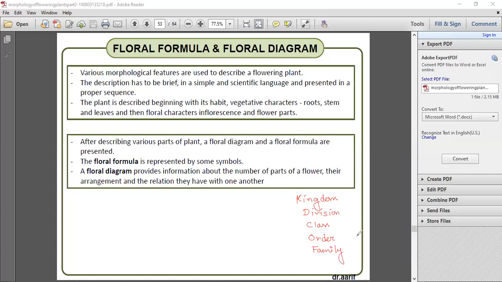So in the plant kingdom, many families are there and they can be identified easily by looking into their floral structure, that is, the structure of the flower.